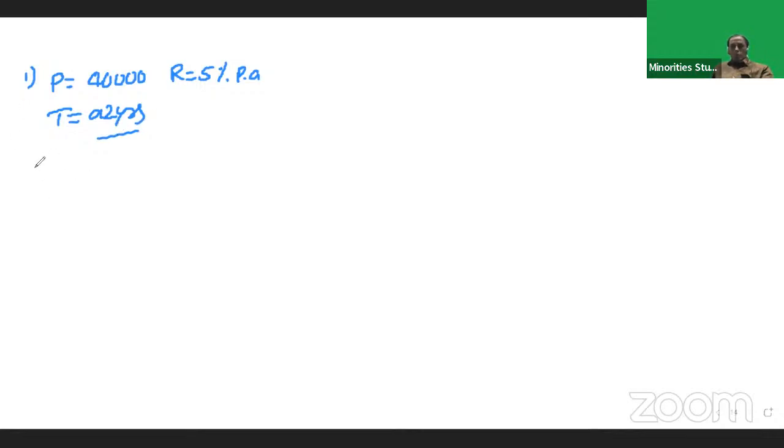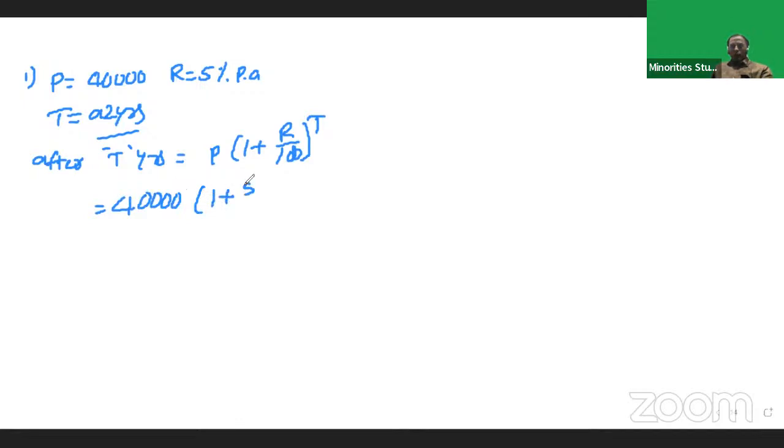The population of a town after 2 years is equal to P into 1 plus R by 100 whole power T. The present population of a town is 40,000 into 1 plus 5 by 100 whole power, time is 2 years. 5 ones are 5, 5 twenties are 100.